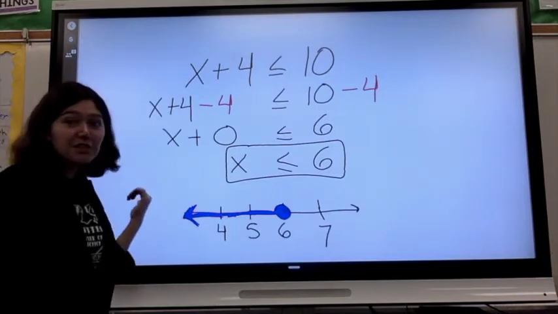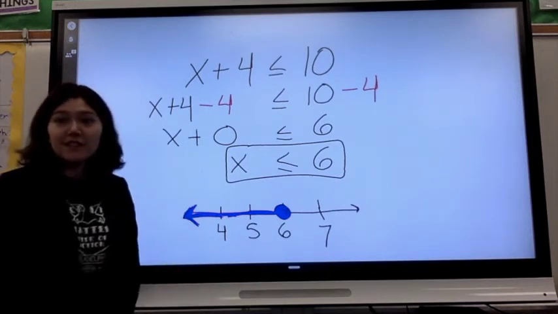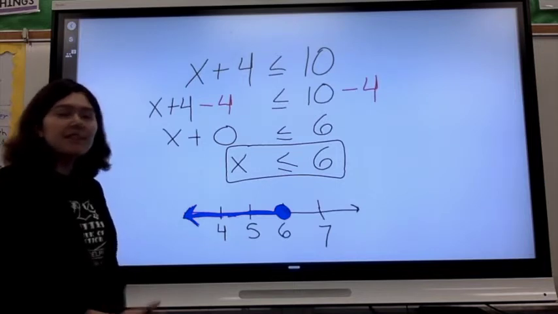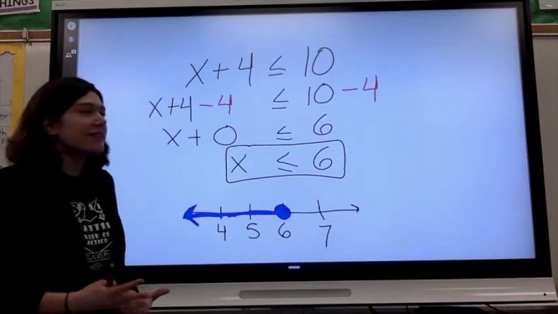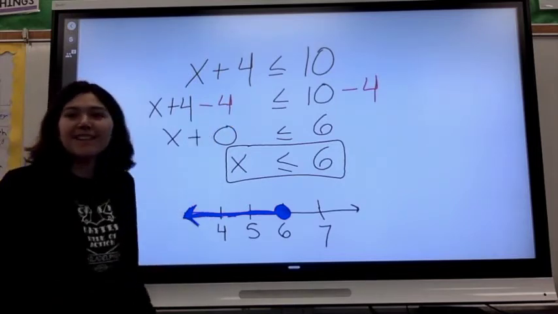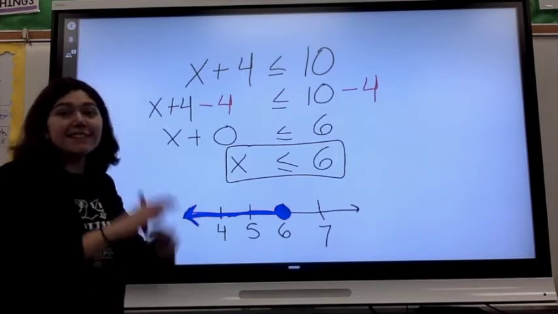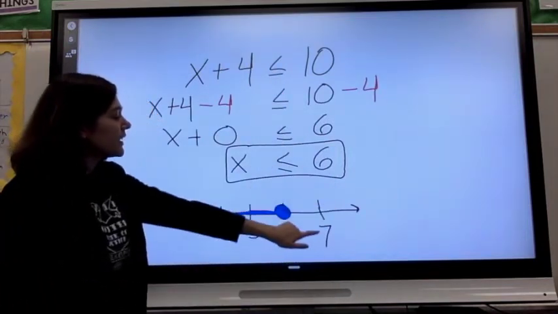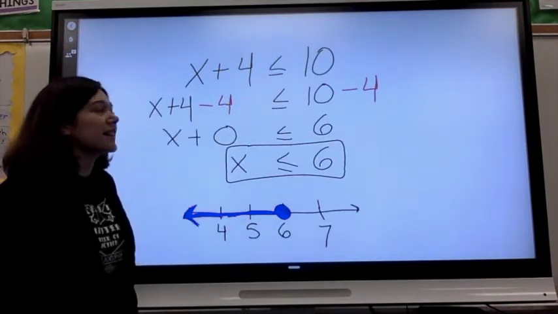This includes negative numbers like negative 100 plus 4. That's negative 96. Is negative 96 less than 10? Yeah. So there's infinitely many solutions. There's not just one number that's going to solve this inequality, and that's going to be the case for all inequalities. There's lots of options, but it's not all options, because 7 would not make this inequality true. 7 plus 4 is 11, and 11 is greater than 10. It's not less than 10.